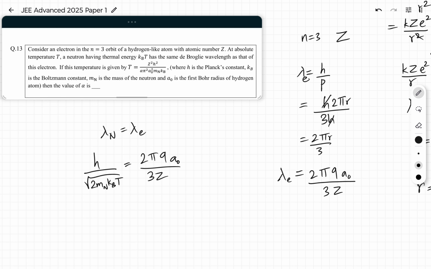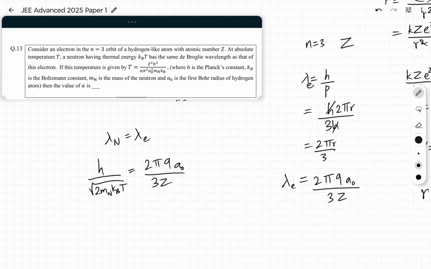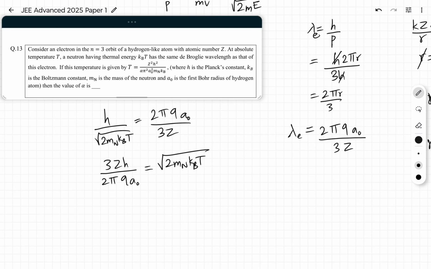We need to isolate T. So 3Zh by 2 pi 9 a naught will be equal to the square root of 2 mn kBT. Squaring, 3 squared Z squared h squared by 4 pi squared 9 squared a naught squared will be 2 mn kBT.